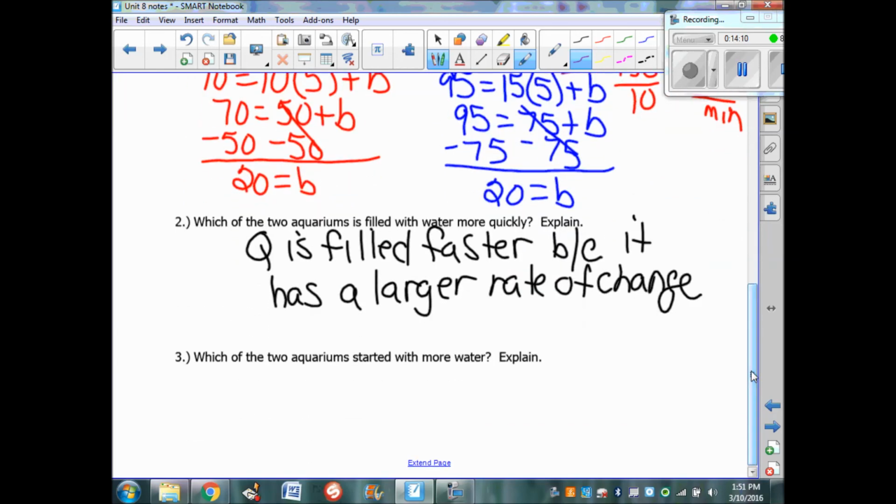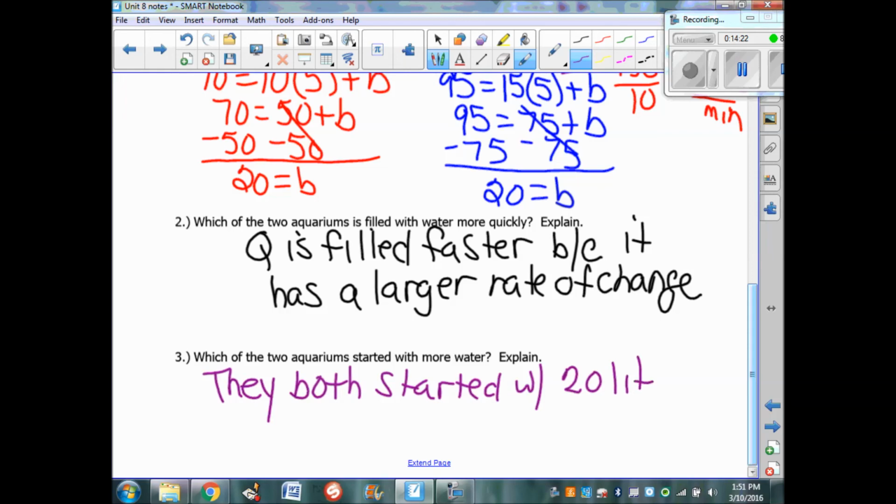They both started with 20, I think it's liters, yeah, liters. So they're the same. All right, so again, we're going to come back to class and do some more practice with our rate of change with our linear function.